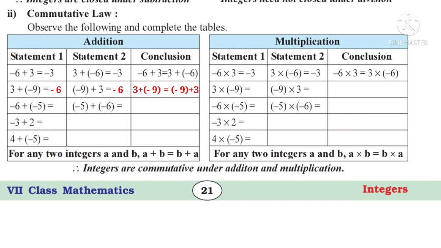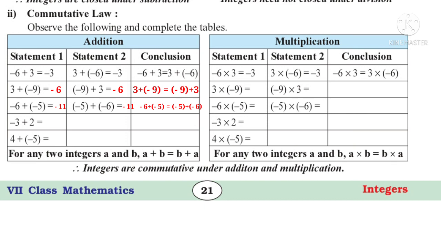Now let us take minus 6 and minus 5. Add them. Minus 6 plus minus 5 gives minus 11. Interchange the numbers. Minus 5 plus minus 6 also gives minus 11. So minus 6 plus minus 5 is equal to minus 5 plus minus 6.